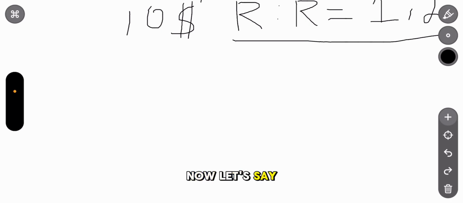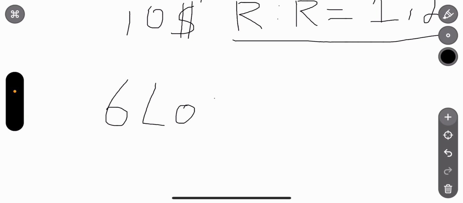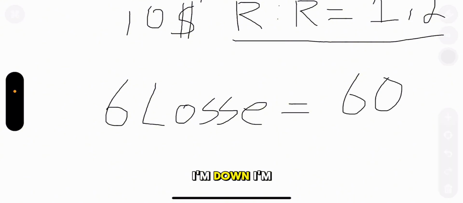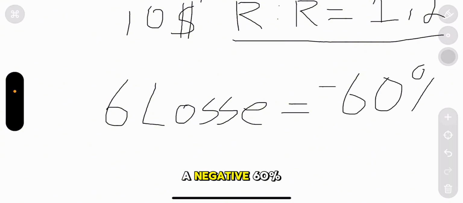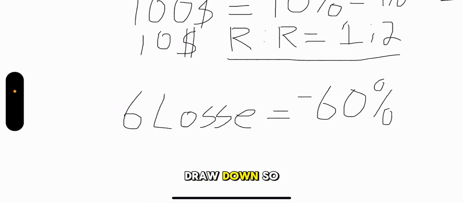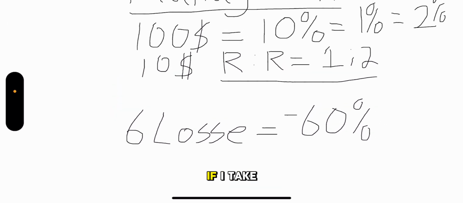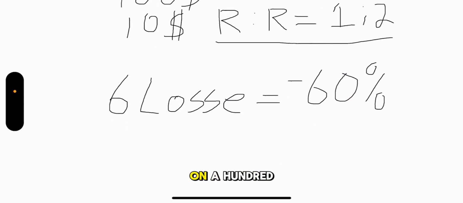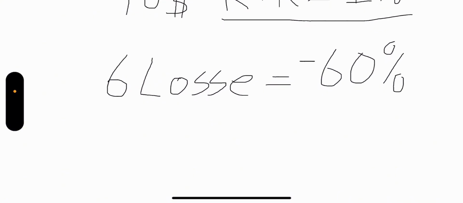Now let's say I take 6 losses in this account at 10%. Now I'm in negative 60% drawdown. So now I'm down $60. If I take 6 losses with a 10% risk on a $100 account, right?